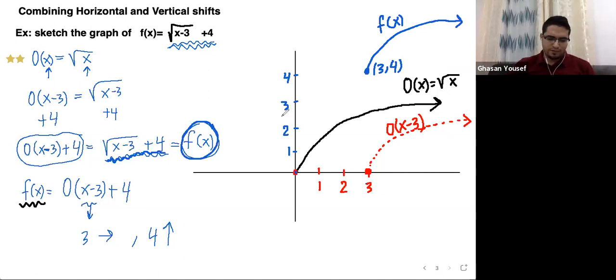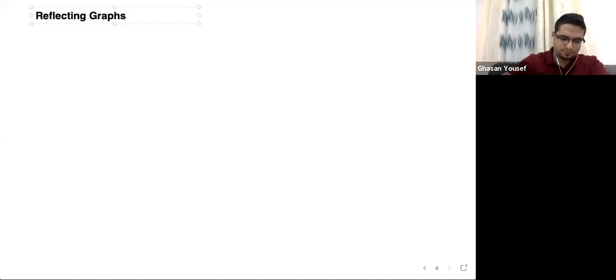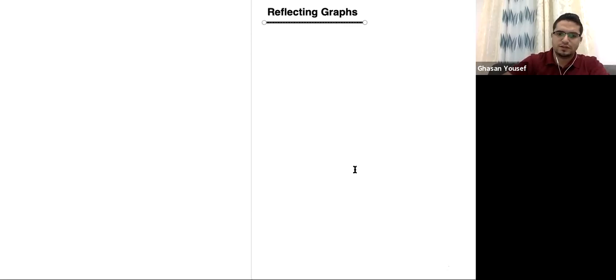Now, reflecting a graph. So as before, we have some rules. To graph a reflected graph, we should use some rules.